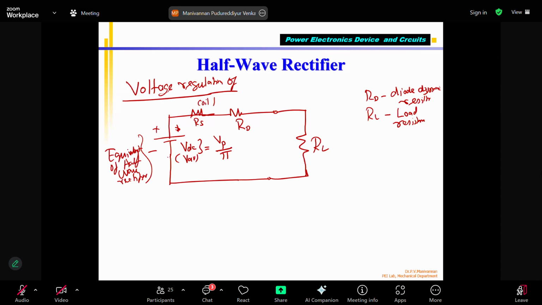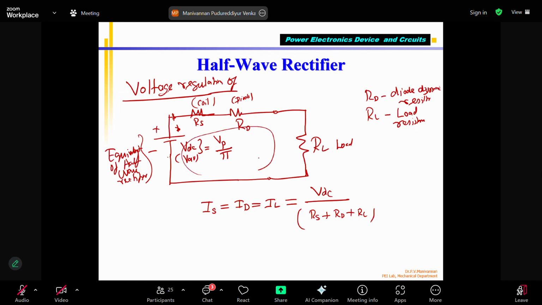Because there is a current flowing, we say that IS, the current supplied by the secondary coil, should be equal to ID, which should be equal to IL, which is VDC divided by RS plus RD plus RL, since they are in series.